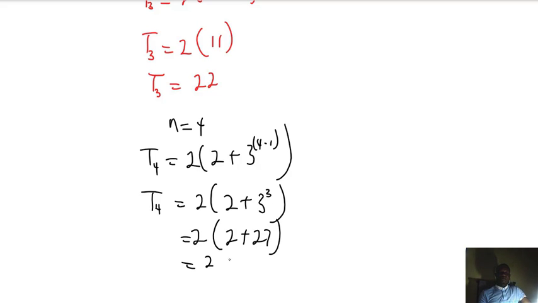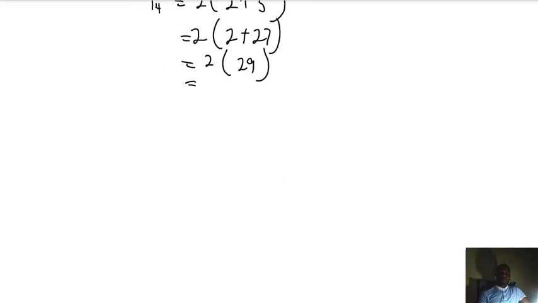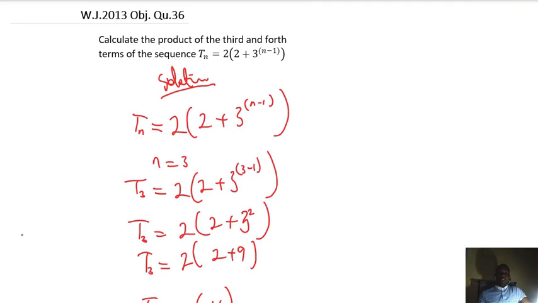Then 2 plus 27 will give us 29, and 2 times 29 will give us 58. So we have T4 equal to 58.